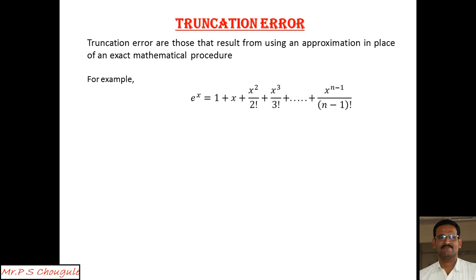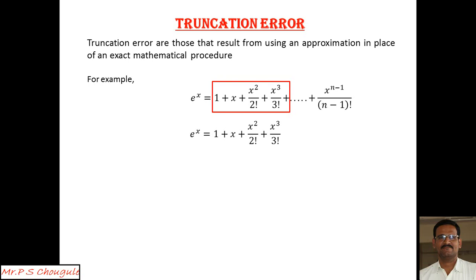But as far as the exact solution is concerned, we need to consider all these terms according to Taylor's series. But what we will do, we will take only the first four values, which leads to the error which we call a truncation error.